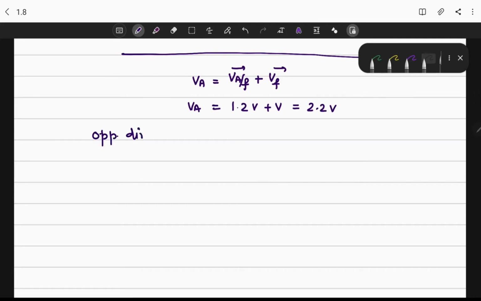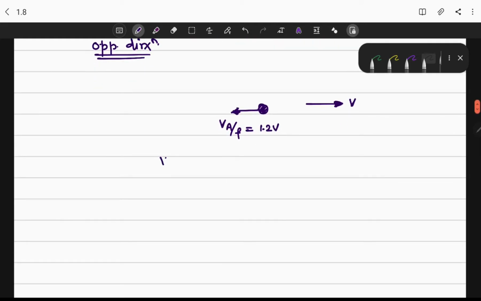The boat is moving in this particular direction, and the flow is in this direction with velocity V. The velocity of A with respect to the flow is 1.2 V. From relative velocity, we know that the velocity of A is equal to the velocity of A with respect to the flow plus the velocity of the flow. The velocity of A with respect to the flow is 1.2 V, and both are in opposite directions, so we have to put a minus here.